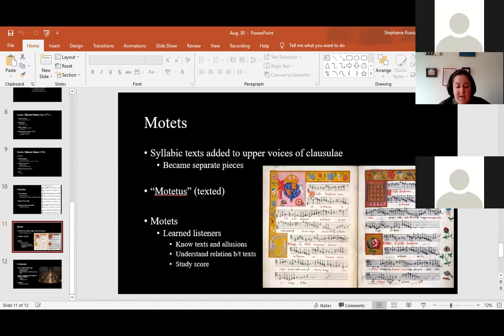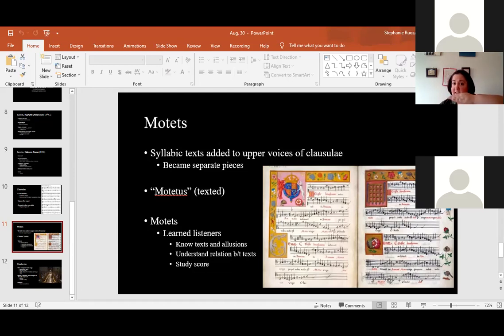Excellent. So one particular way of troping was called the clausula, and it's those little discant sections where they added upper voices, upper polyphony sections of discant to the original monophonic chant. So we've got the original monophonic chant below in the tenor, the held voice.